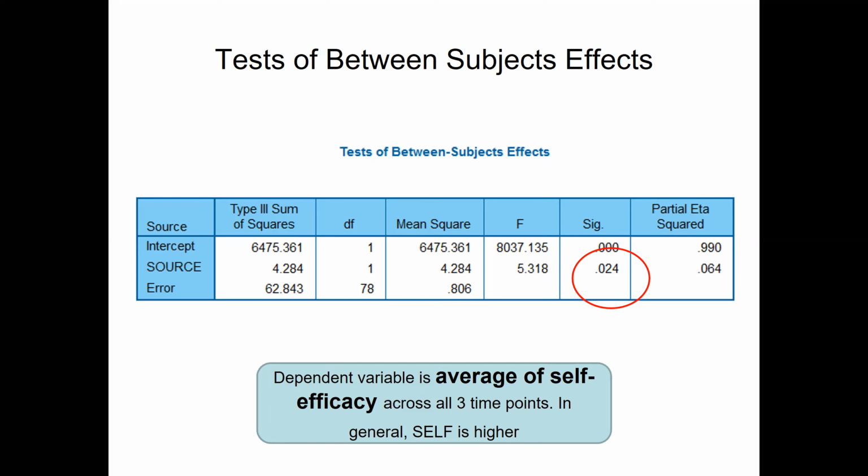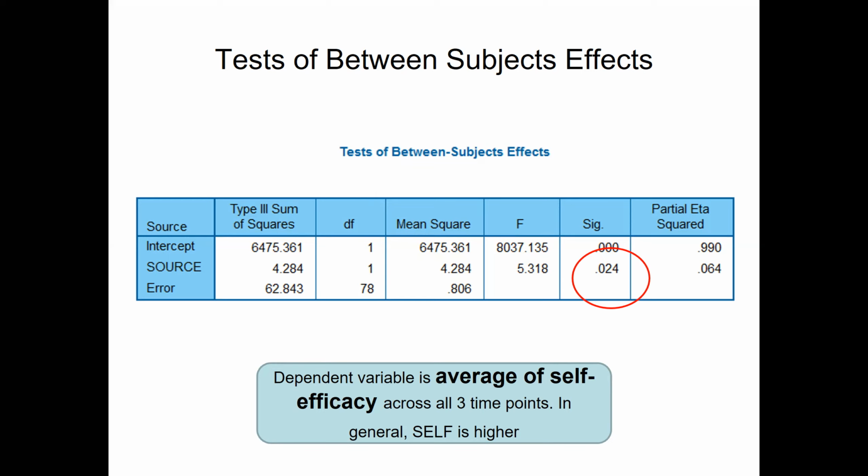And how do we know the direction of that? We can just go back and look at the means. So consistently, self-feedback was higher, and that's just because we have two groups. You can just look at the means to see where the difference is. Consistently, self-feedback is higher on self-efficacy than peer feedback. Note that that is averaged across all levels of time points.